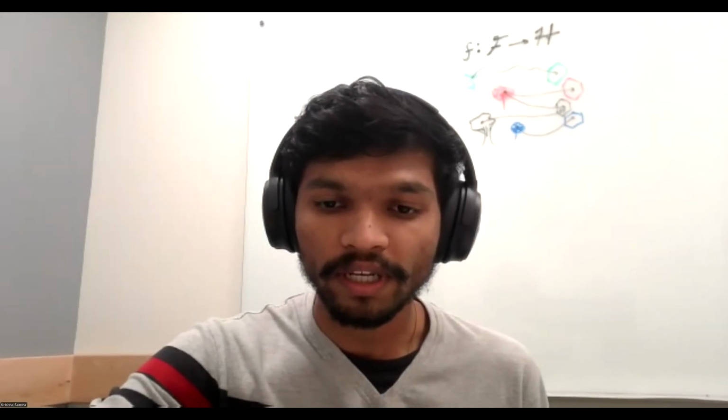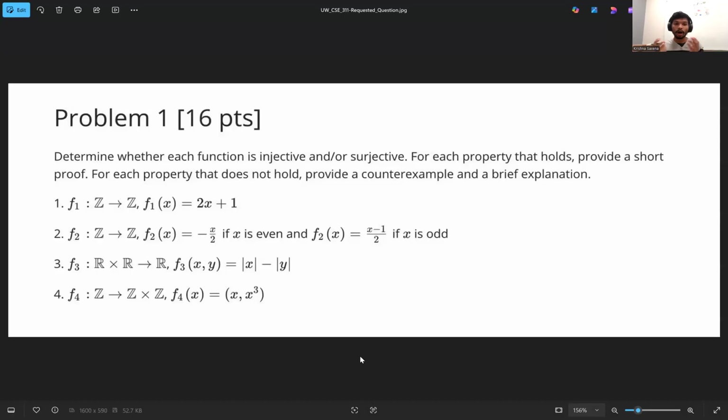We're given a function f2 that is a mapping from integers onto integers, where f2 of x is negative x over 2 if x is even, and f2 of x is quantity x minus 1 over 2 if x is odd.